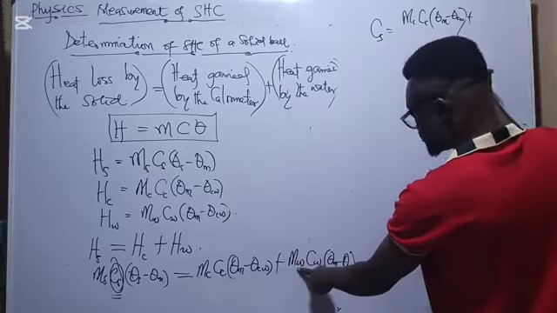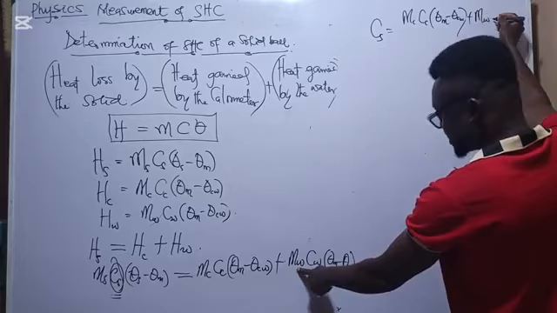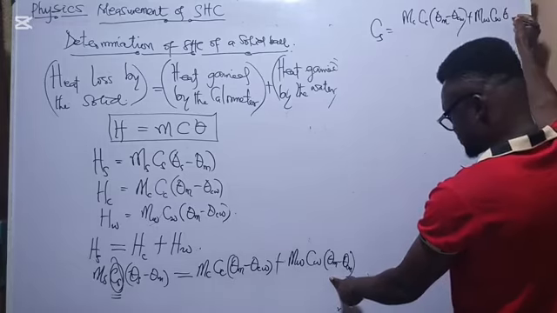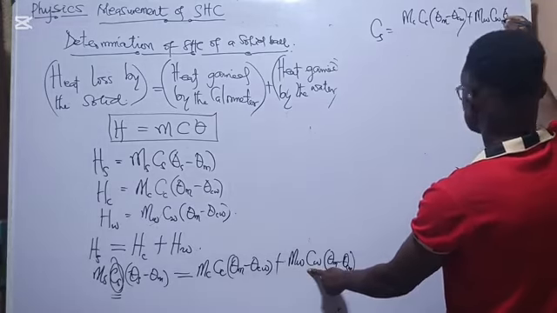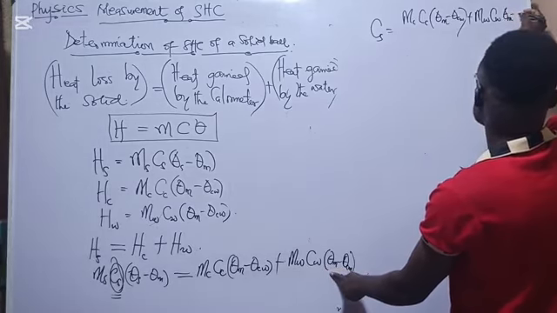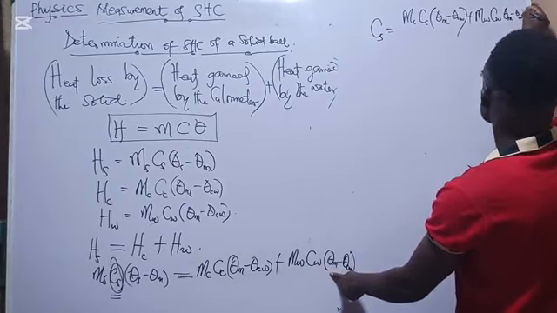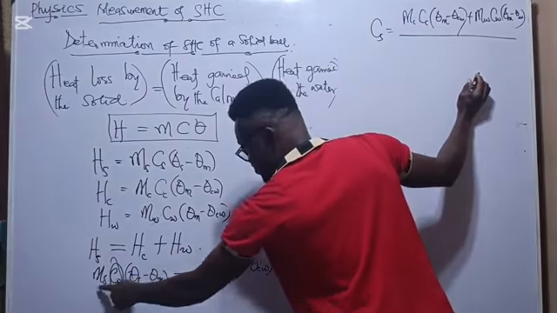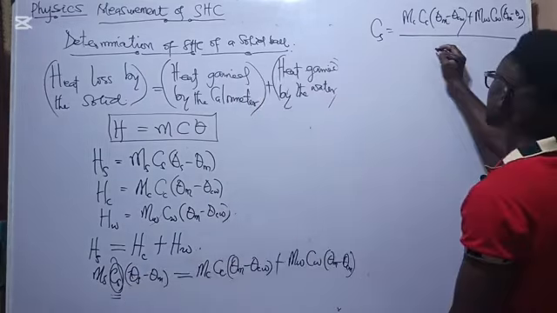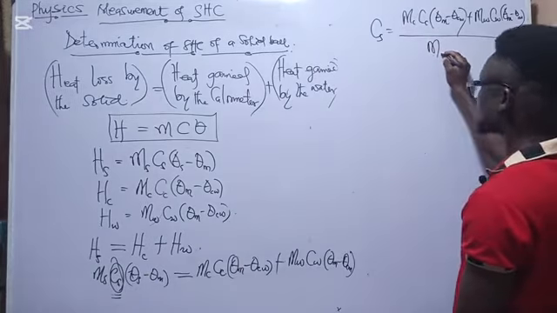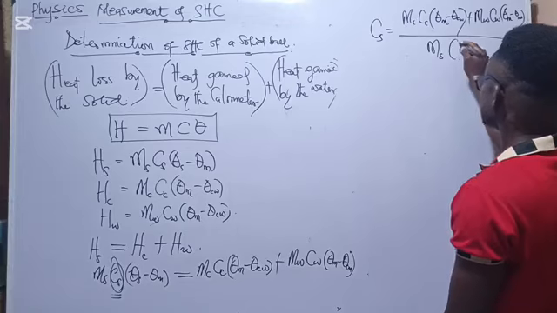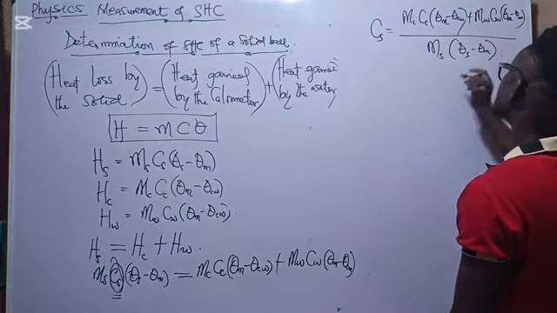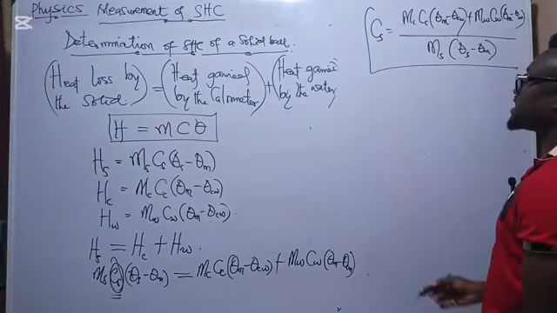Then plus, we have the mass of the water, the specific heat capacity of the water and the temperature difference. Okay? All divided by the coefficient of that Cs, so we have the mass of the solid, then the temperature difference of the solid. And that gives a formula.